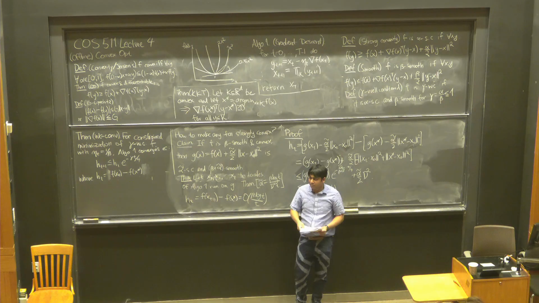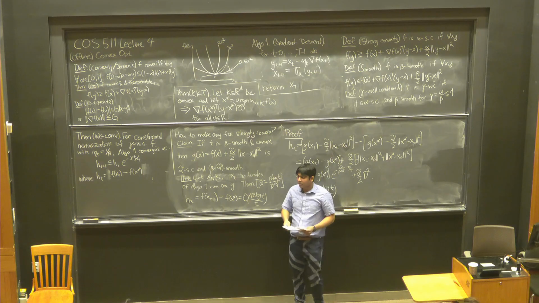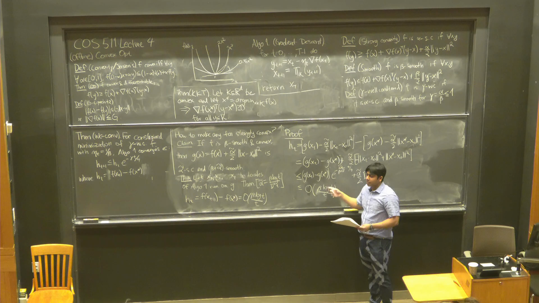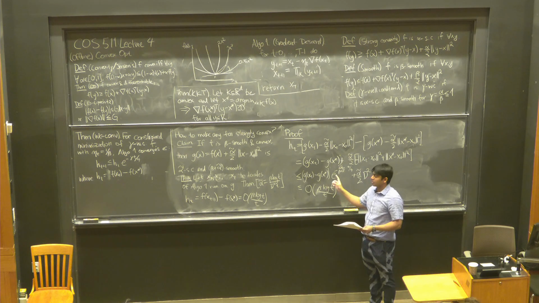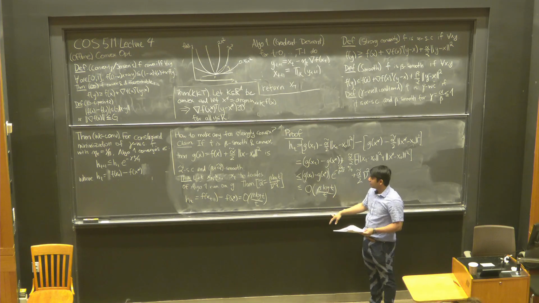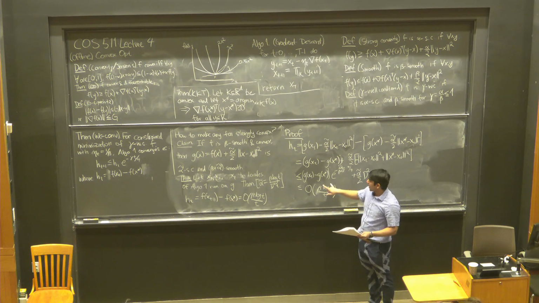Hmm? Why is the optimal choice for alpha not dependent on the g of x? Oh, this? It does. We're just thinking of this as a constant. Like, we're thinking of this as a constant in big O. But it's not in the expression. Yeah. We're thinking of this as some constant whose value we don't care about.